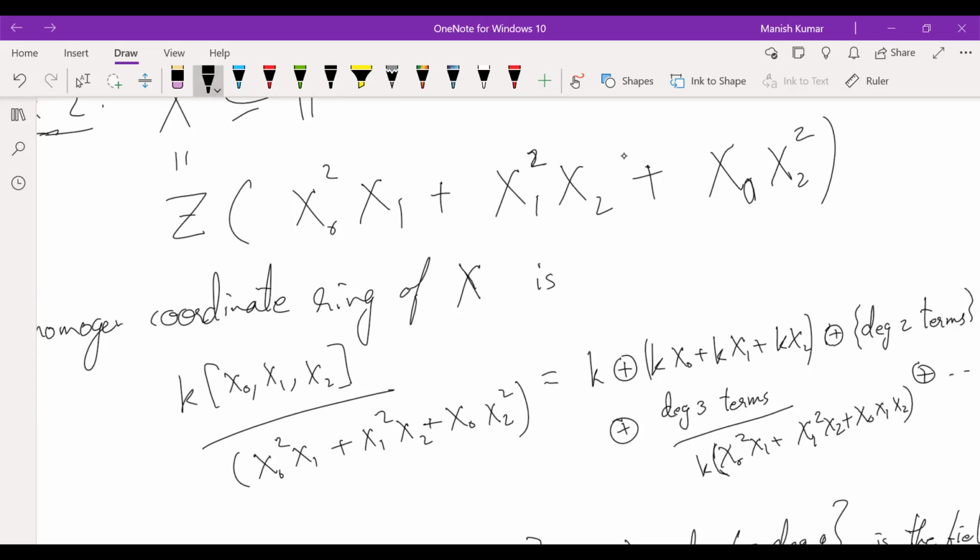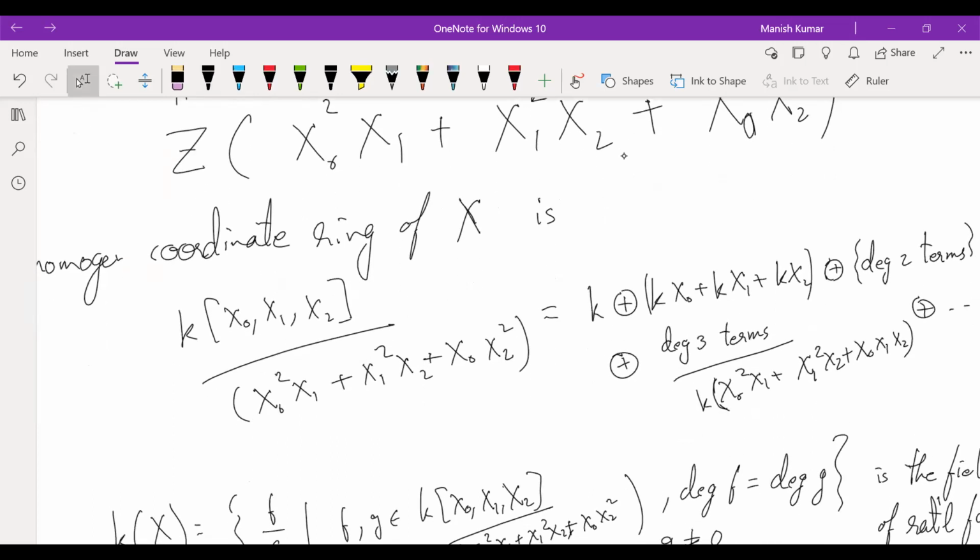They are generated by these three, and degree 2 terms similarly. There are a certain number of degree 2 terms, right? How many are there? x0 squared, x1 squared, x2 squared, and then the mixed terms. I guess 3 mixed terms. So there are 6 dimensional degree 2 terms, and then you have to do degree 3 terms, which will be whatever dimensional it is.